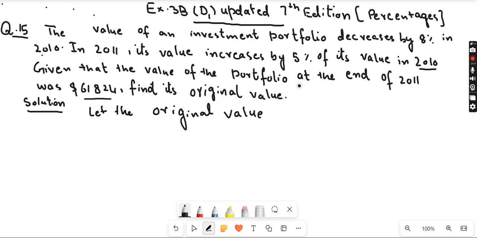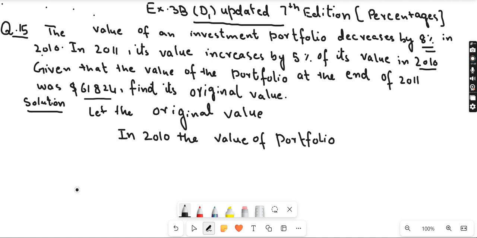And there is a decrease of 8% in 2010. So in 2010, the value of the portfolio will decrease by 8%.